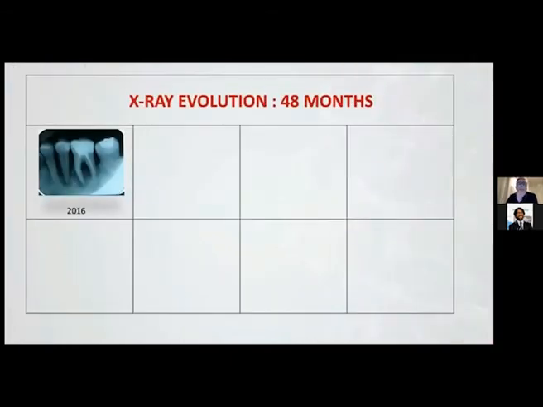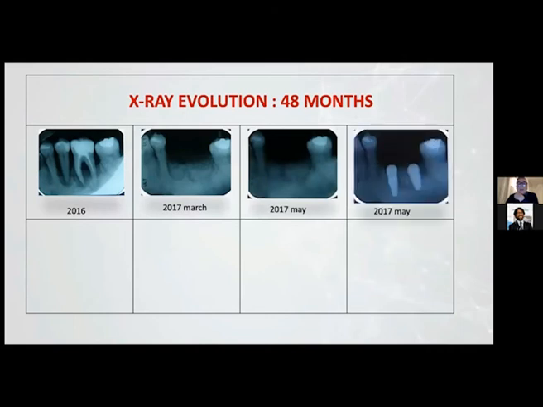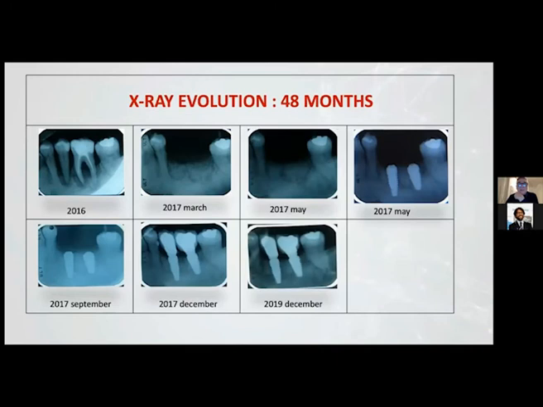So what happened in the X-ray evolution? This is an example at 48 months. Implants were placed in 2017, in March, May, September, December.